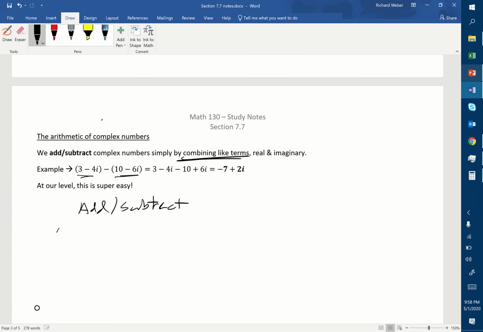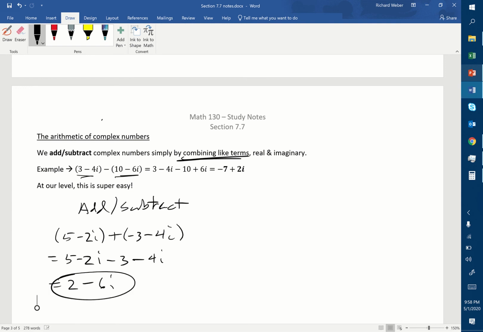And so it could be something like 5 minus 2i and add to it negative 3 minus 4i. And you just go, okay, here we go solving it. 5 minus 2i plus, okay, so plus a negative, so minus 3 minus 4i. And we're getting 5, doing the real part, 5 minus 3 is 2, and then minus 6i.